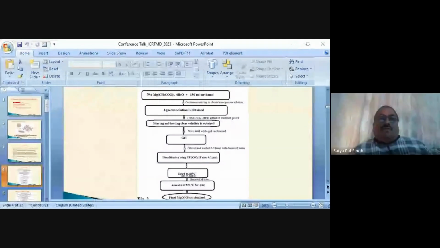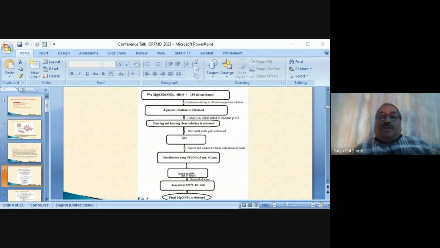So this is how we have prepared it. Magnesium acetate hydrate was taken. It was mixed in 150 milliliters of ethanol. We did continuous stirring using a magnetic stirrer, and we obtained its solution in methanol. We prepared an aqueous solution of oxalic acid to maintain pH.